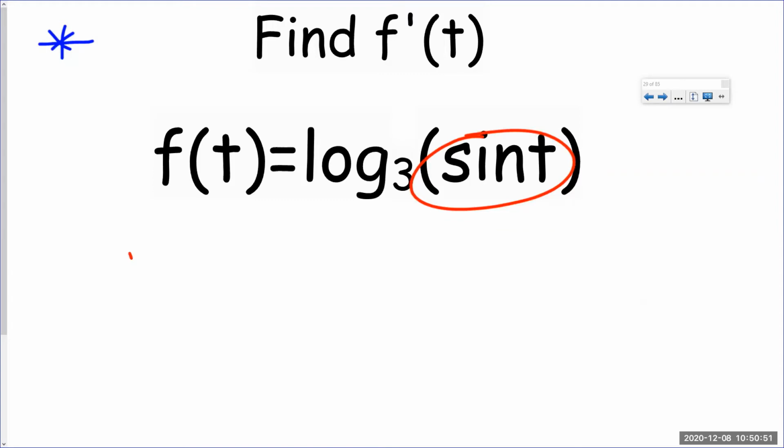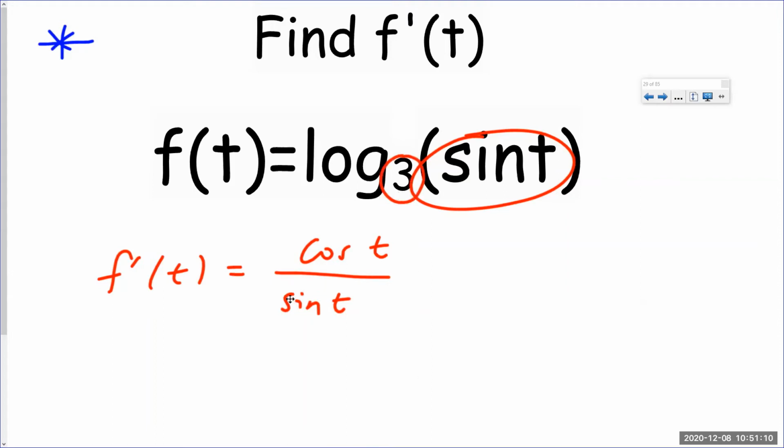We're going to take the derivative of this. So f prime of t. The derivative of sine t is cosine t times the derivative of t, which is 1. You have to do the d dt, divided by sine t, right? But don't forget, because this is not an e, it's a 3, so don't forget ln of 3. You guys feel good about this? It's not super hard. Again, it's just a formula thing, and it's really hard to remember the formula, okay?